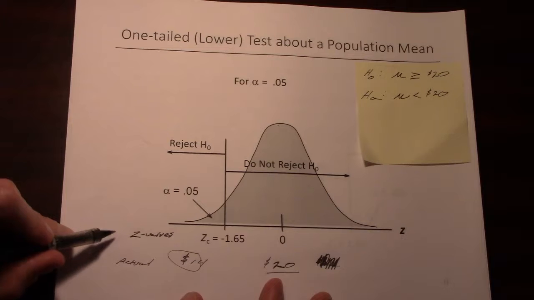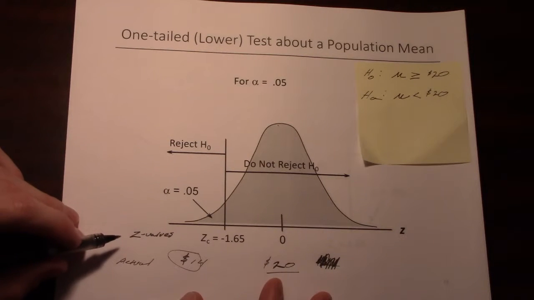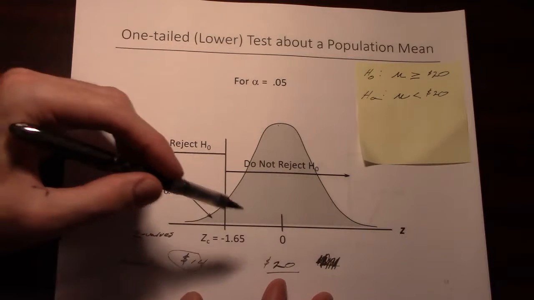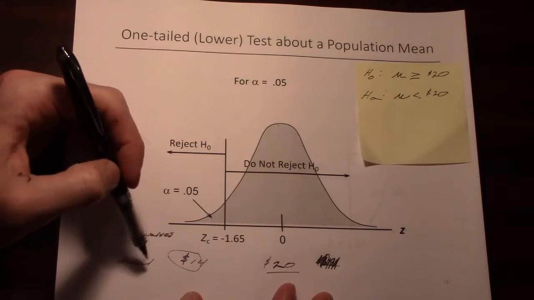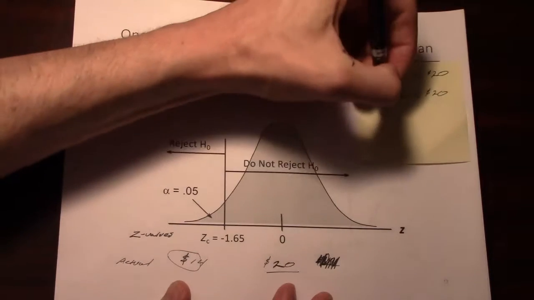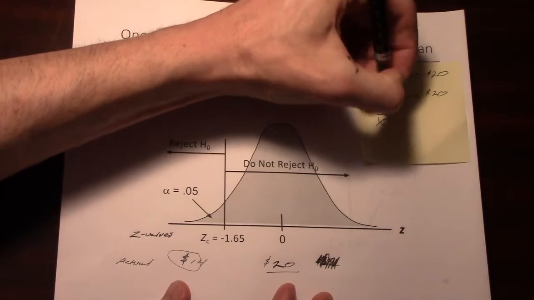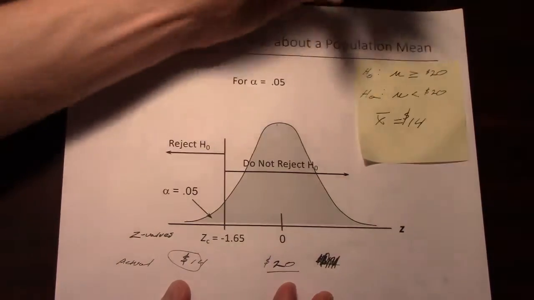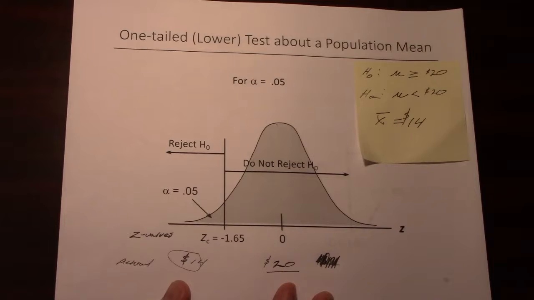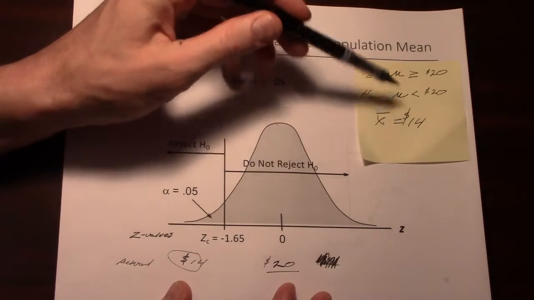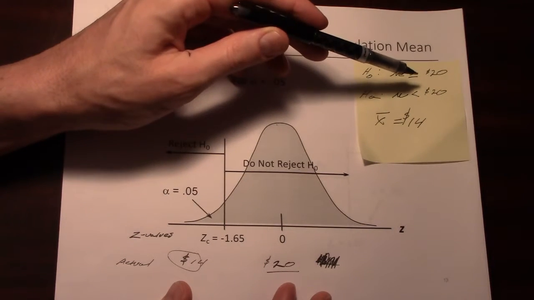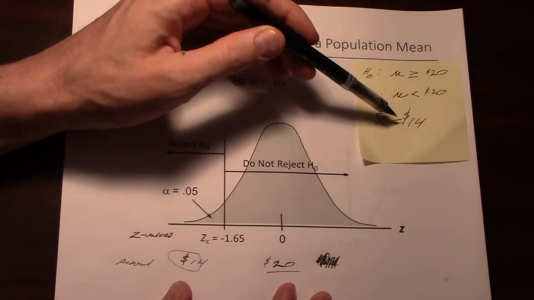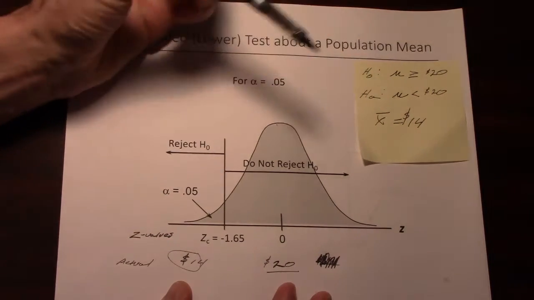Sorry if this is confusing, but say we come up with a sample mean of $14. Okay, so we've got our sample mean of $14. And you say, well, wow, that's significantly less than $20. Is it enough less than $20 to reject your null hypothesis?